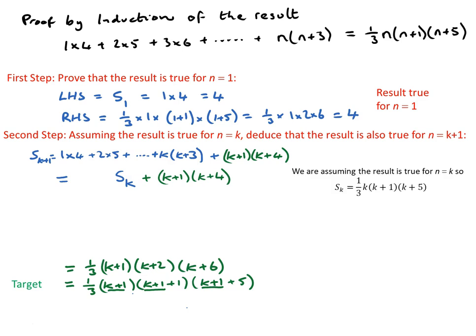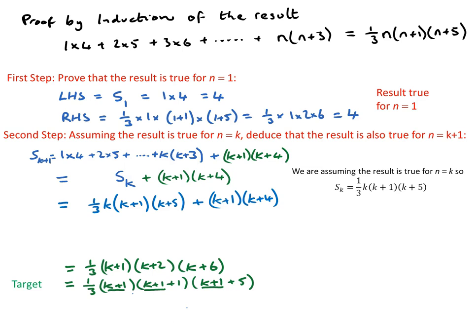Now, we're assuming the result is true for n equals k, so Sk is 1/3 k (k plus 1)(k plus 5). So S(k+1) equals 1/3 k (k plus 1)(k plus 5), that's the Sk, plus the final term, (k plus 1)(k plus 4).